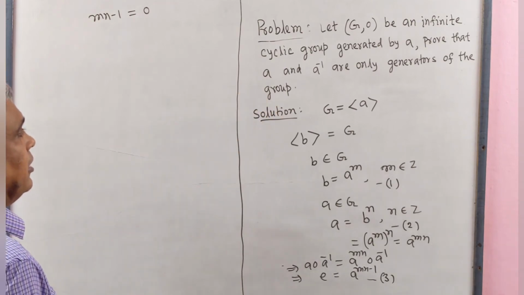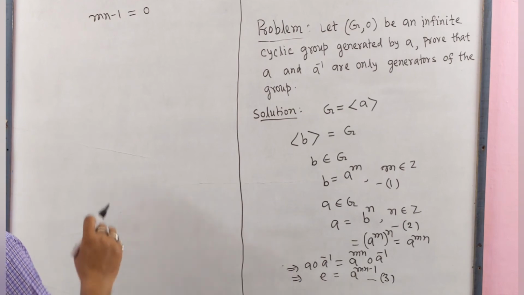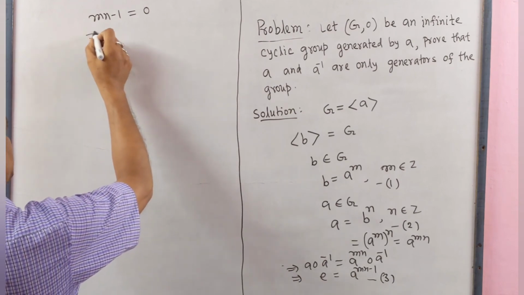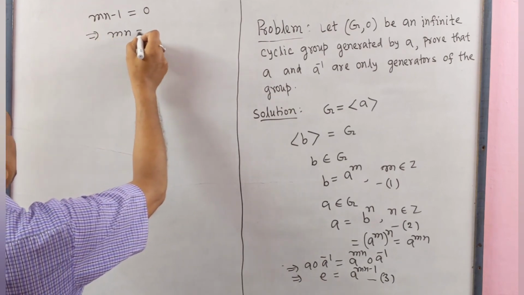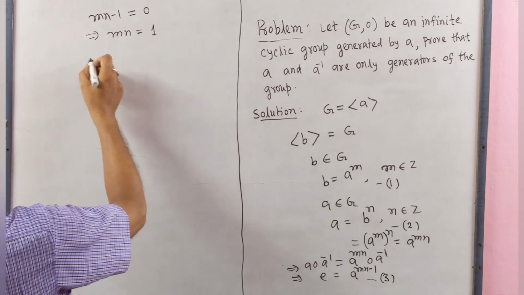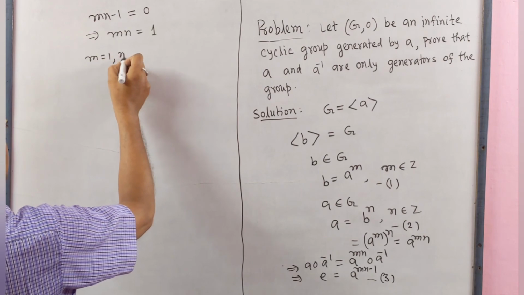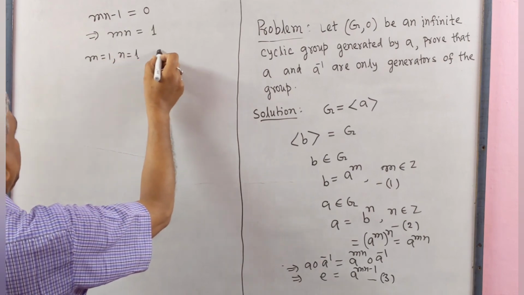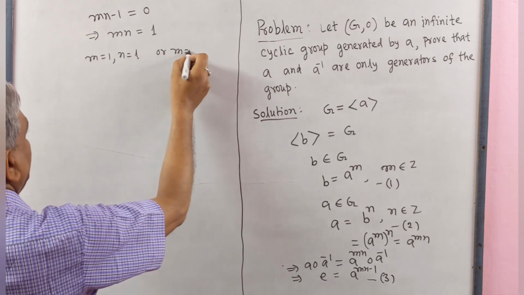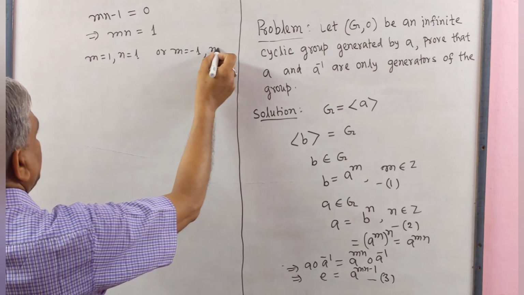For an infinite cyclic group, this means mn equal to 1. This is possible only when m equal to 1, n equal to 1, or m equal to minus 1, n equal to minus 1.